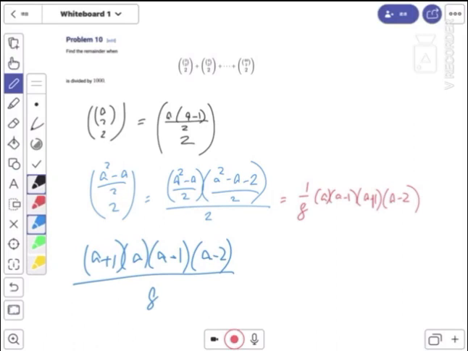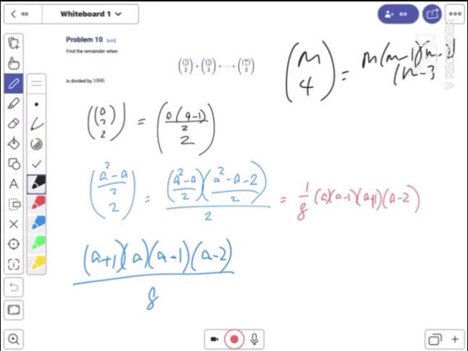And let's look at the top side. Well, isn't m choose 4 equal to m times m minus 1 times m minus 2 times m minus 3 divided by 24? Wouldn't that be kind of looking similar to this, except that m is actually equal to a plus 1 in this scenario?